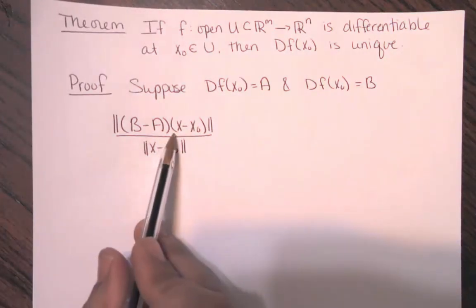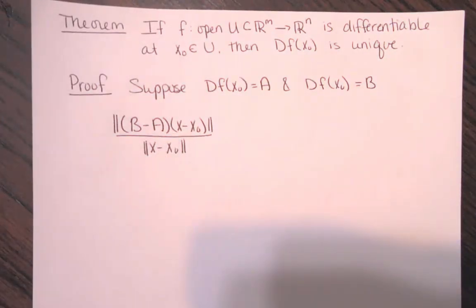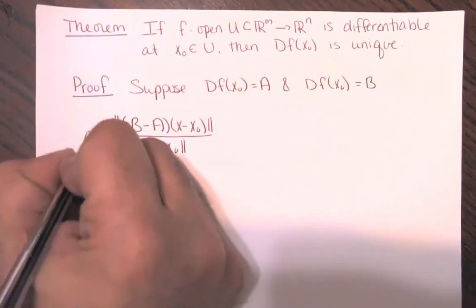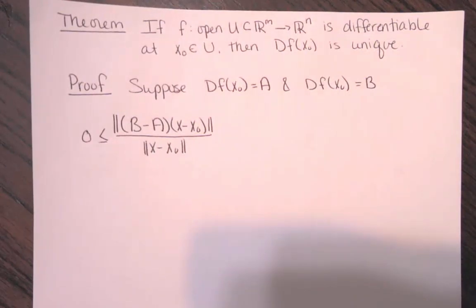Because the numerator and the denominator are norms, they are non-negative. So this quotient is non-negative.